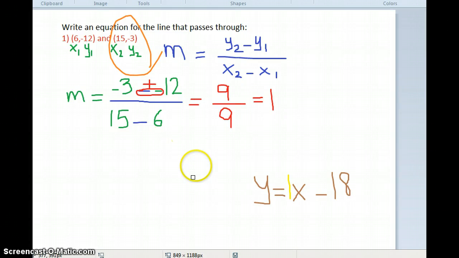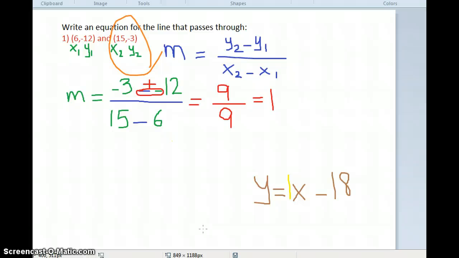Now there's another way to do that, which I want to show you also. The other way is still using the slope. I still have the slope, which I figured out, and we'll get the same exact answer but with different steps. Instead of using y equals mx plus b, which we call slope-intercept form, I can use another equation and get the same answer.